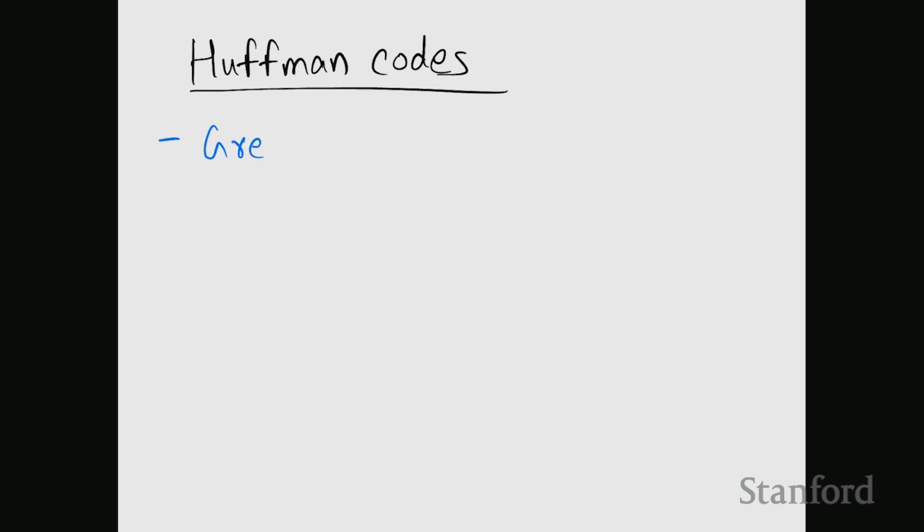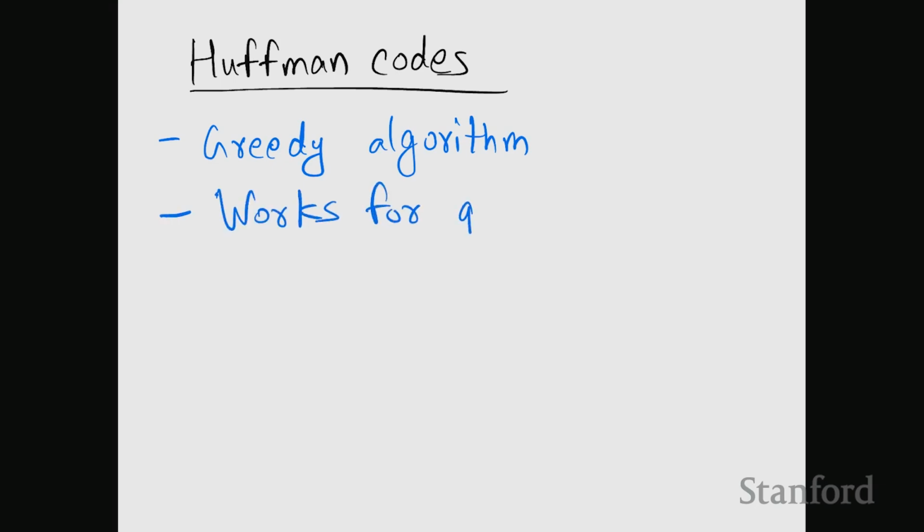So the first thing, as you might have observed, it's a greedy algorithm, right? We don't try to do some sort of global optimization. At every step, we just take the 2 smallest things, merge, 2 smallest things, merge, so on. So that's something. It works for general W_i greater than or equal to 0 to solve this sort of problem.